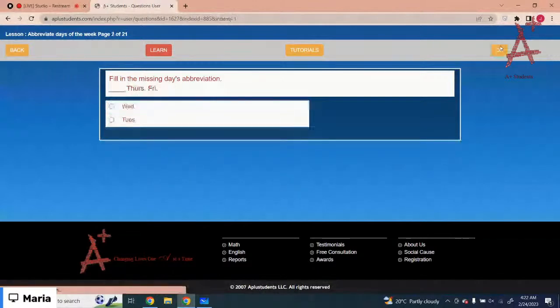Okay, the next one is dash Thursday Friday. So which is the correct option? Before Thursday, which day is it? The correct option is option number one. Got it? Right before Thursday we have Wednesday.